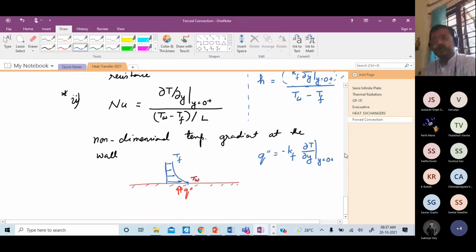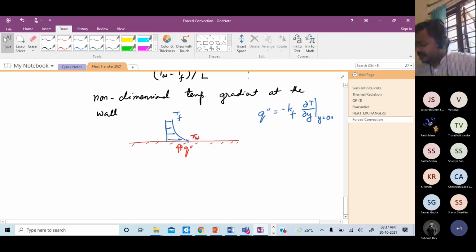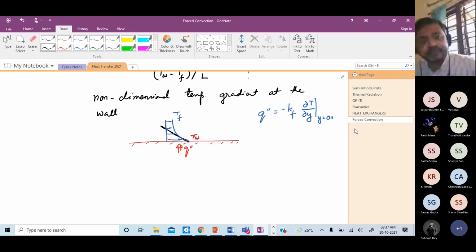That's why I'm putting it as y equal to 0 plus. This now becomes important, and I'm going to come to that in a bit. The slope of the temperature that I'm seeing over here is del T del y. Higher the slope, earlier is the temperature drop. Higher the slope, it means there is higher heat transfer and therefore higher heat transfer coefficient.